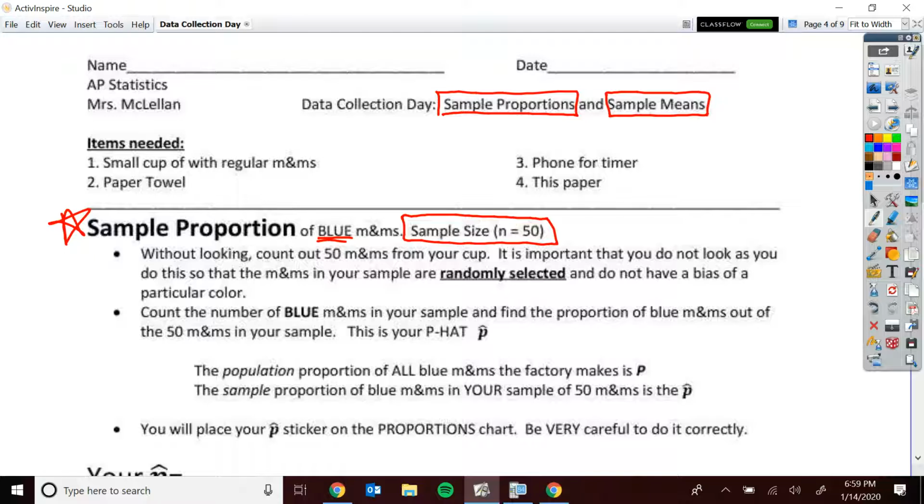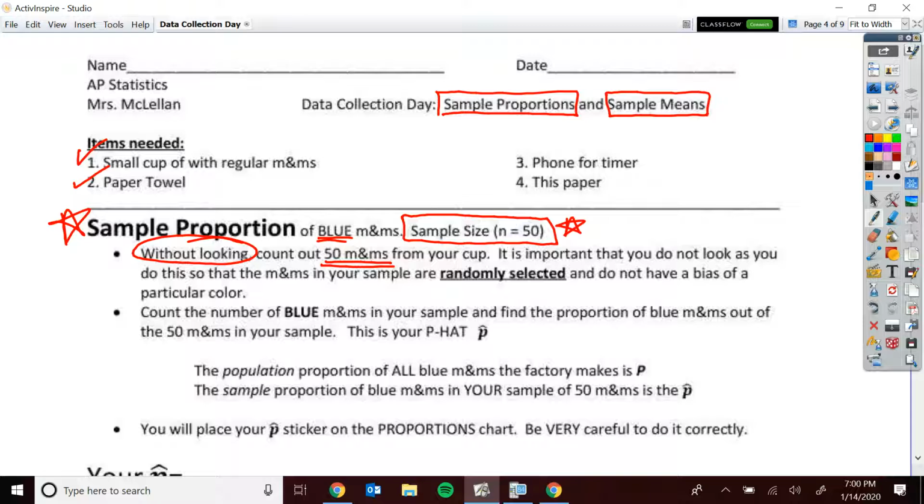Now, before you start diving into that, let's talk about how to properly get this sample of 50. You will be given a small cup of regular M&Ms, but it's probably going to have more than 50. Therefore, without looking, count out your 50 M&Ms onto a paper towel.